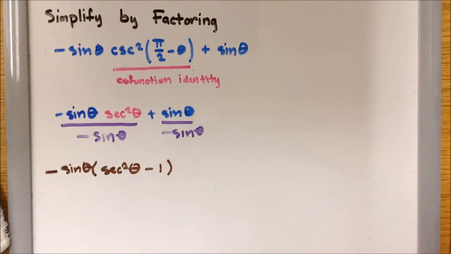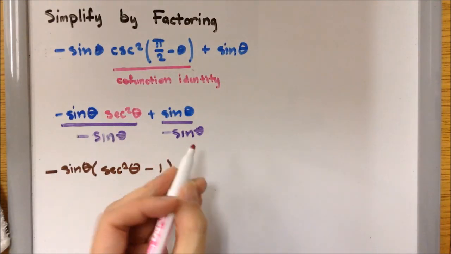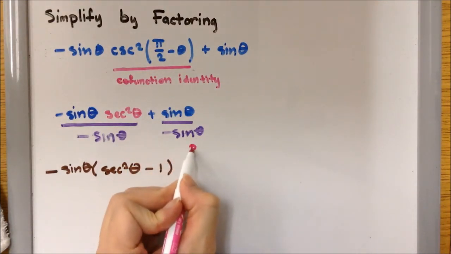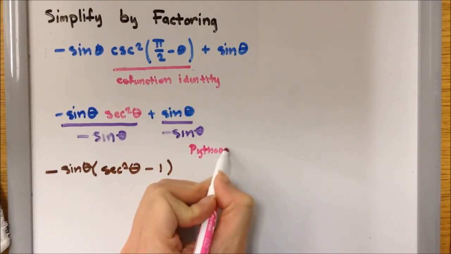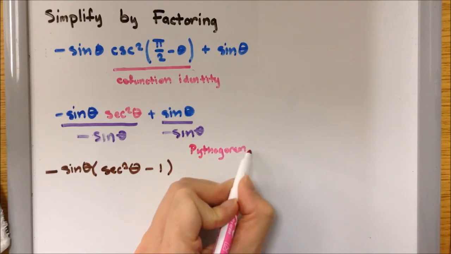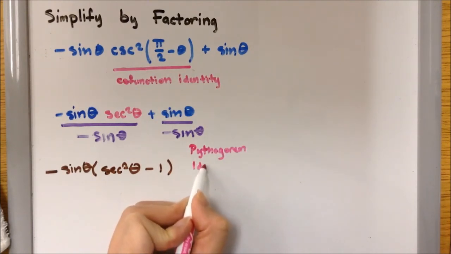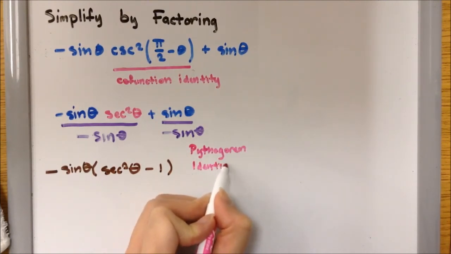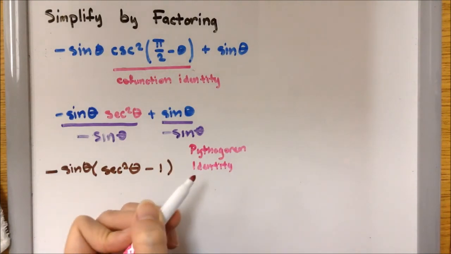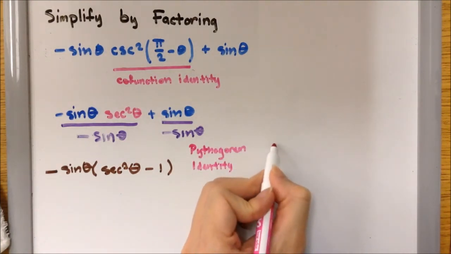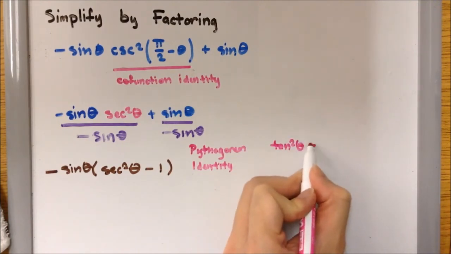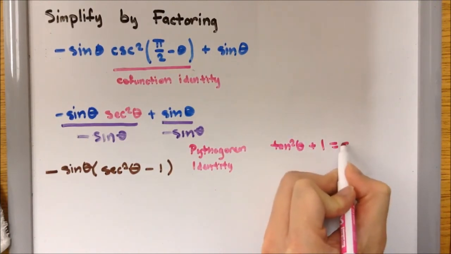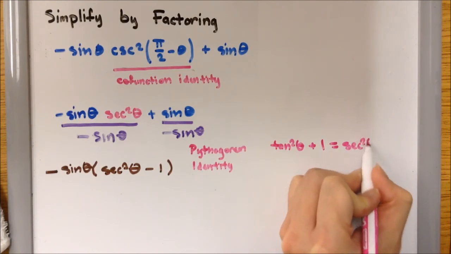Going back, it does. So if I were to talk about the Pythagorean identity, the one that has secant square and 1 would be tangent squared theta plus 1 equals secant square theta.